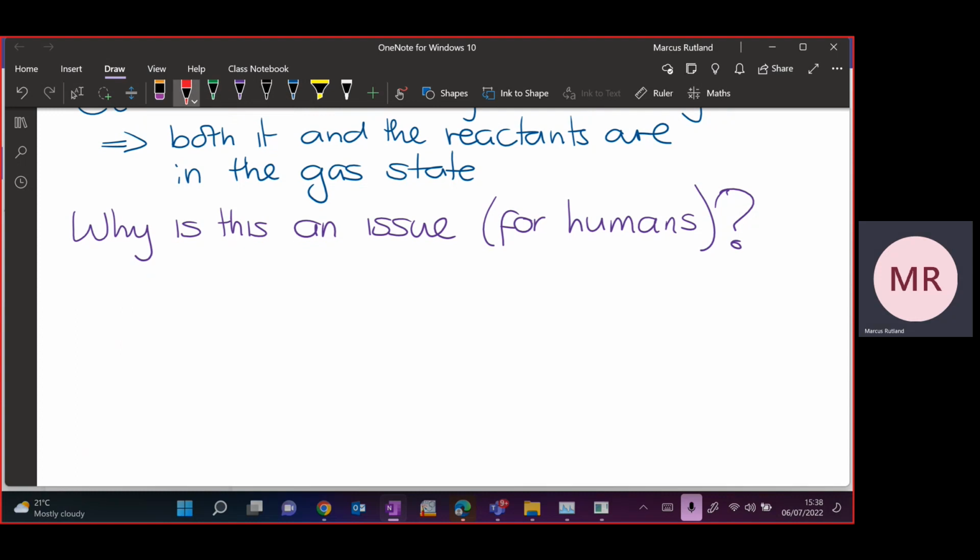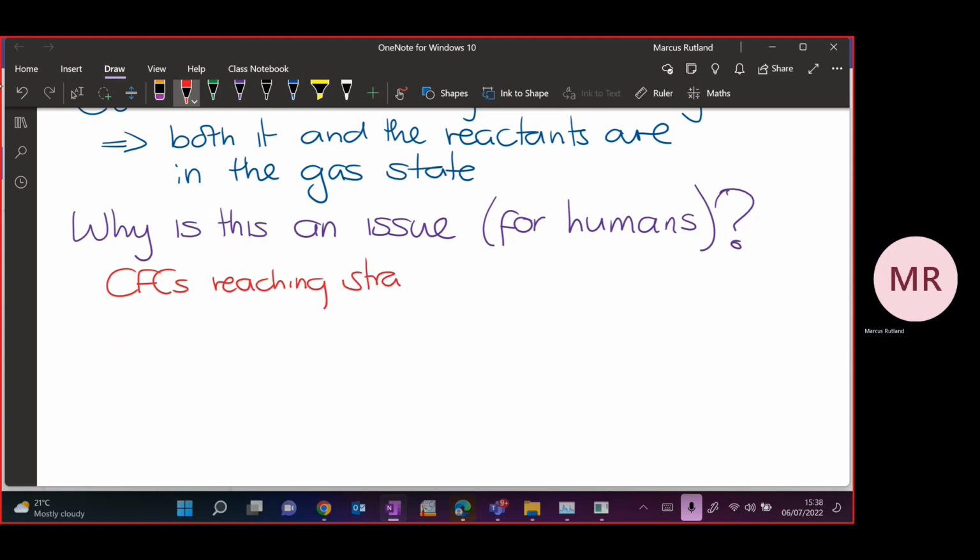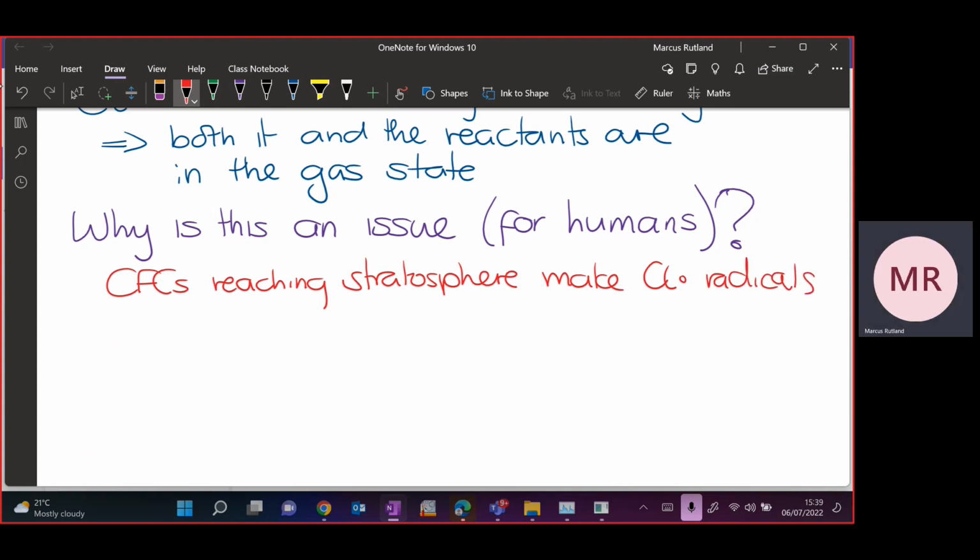Okay. So you should say CFCs reaching the stratosphere make Cl radicals. If it was an exam, always remember equations and stuff are better than words.